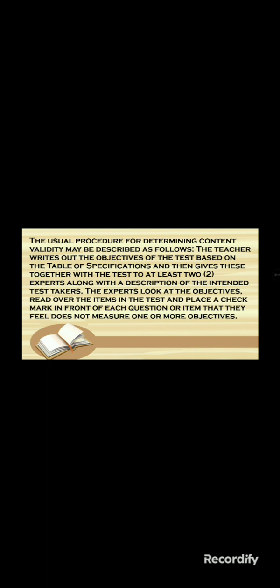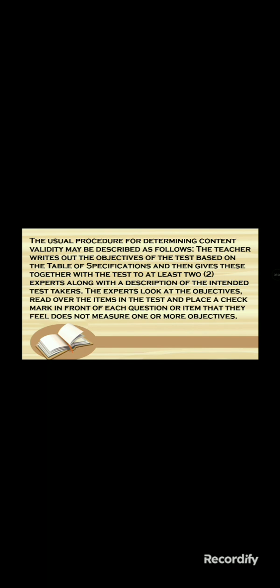So, to check the validity, the teacher does this. First, the teacher lists the learning objectives, often using the table of specifications. After that, the teacher gives the test and objectives to at least two experts.